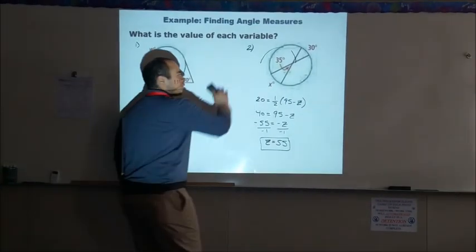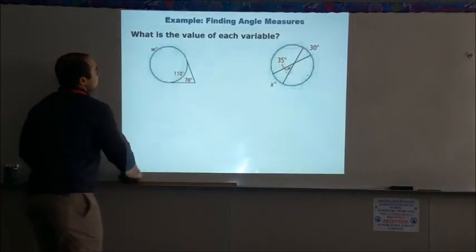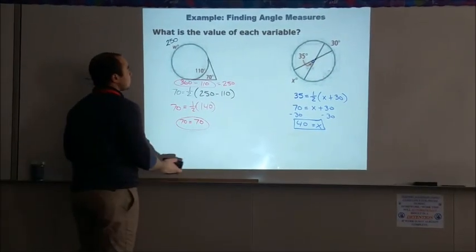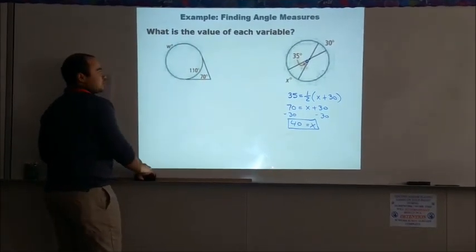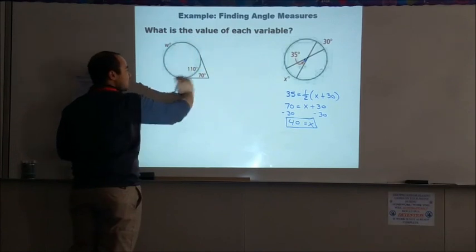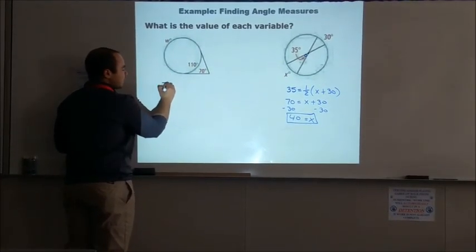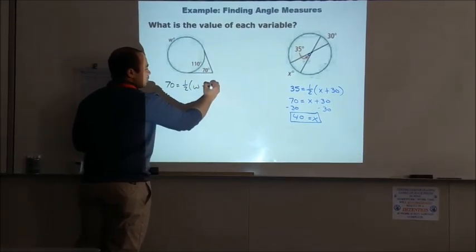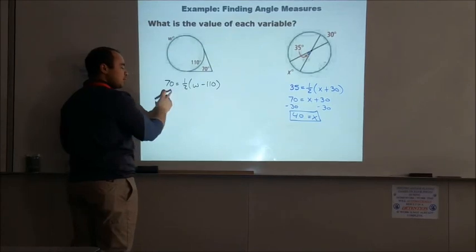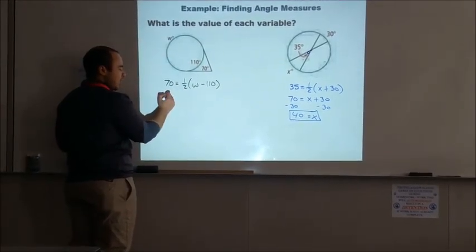All right, examples 3 and 4, same idea. Just in case you don't notice this particular part is 360, you could have done this problem the long way. For example 3, 70 equals 1/2 (w minus 110). Well, here you'll go ahead and multiply by 2 to cancel the 1/2.